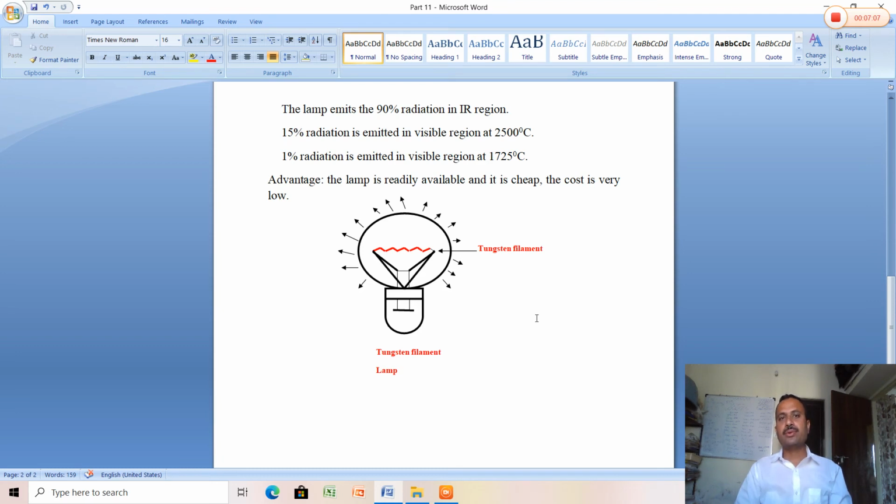So this is all about the tungsten filament lamp. In the next lecture we will see the discharge lamps. This is one type of light source used in the UV visible spectrophotometer, especially in the visible region.